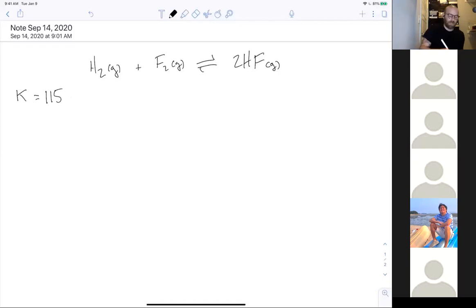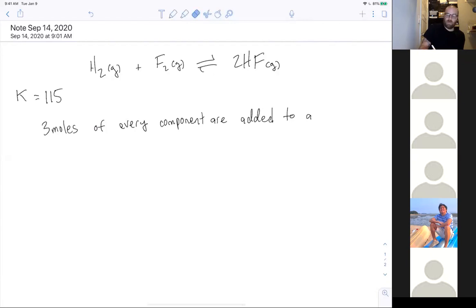And then we're just going to say that 3 moles of every component, meaning every chemical in the equation up there, are all added to a 1.5 liter flask, and those are allowed to come to equilibrium.